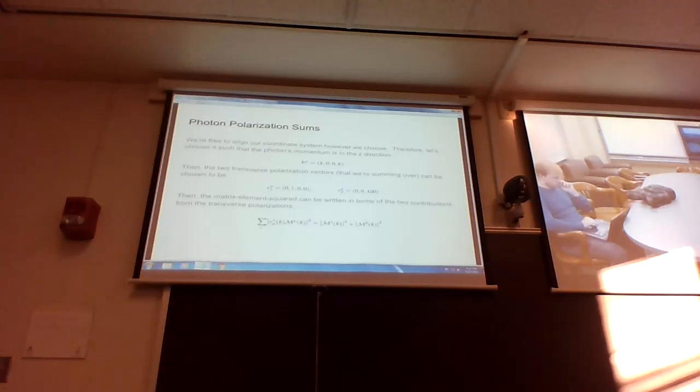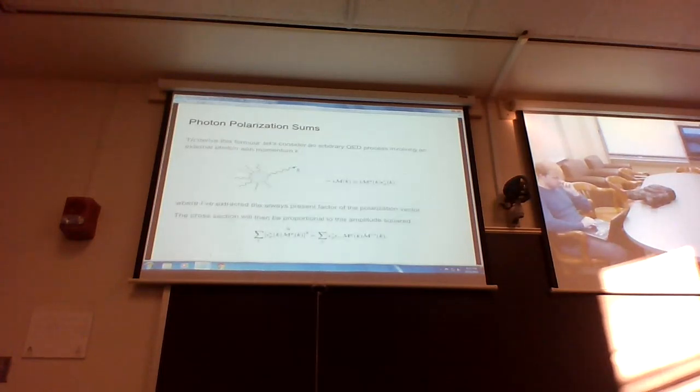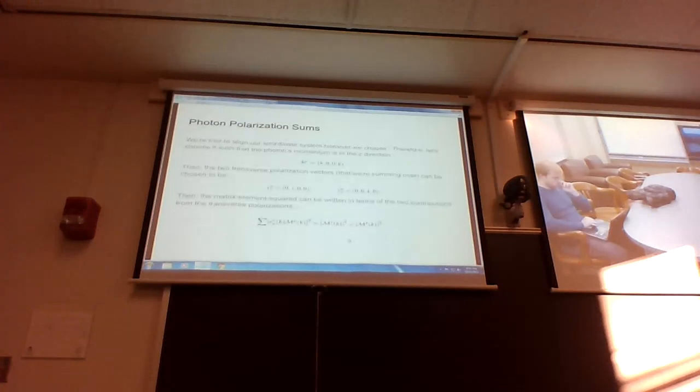That satisfies all the constraints that you have. So when we compute this, and we're summing over the polarizations here, the only contributions we're going to get are from 1 and 2.